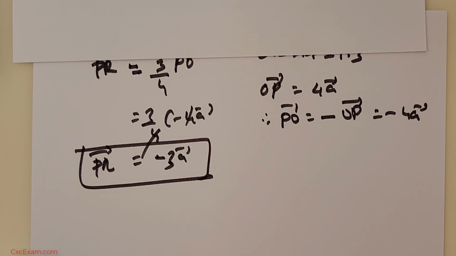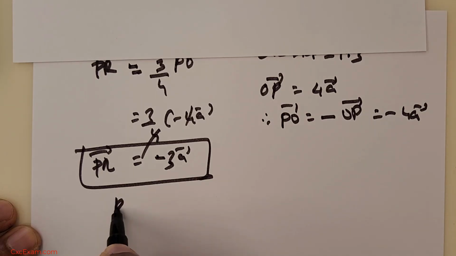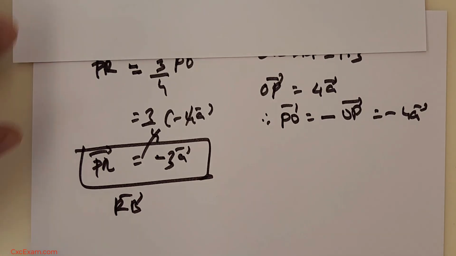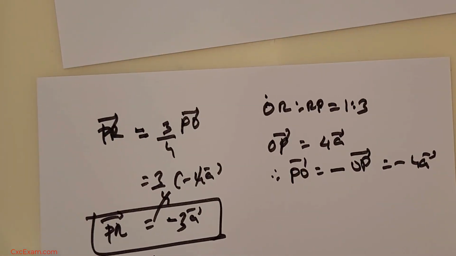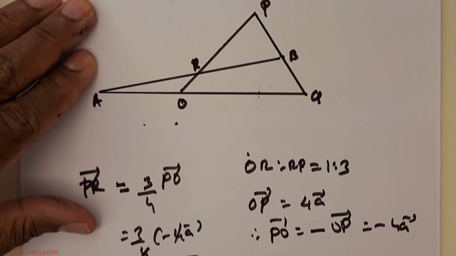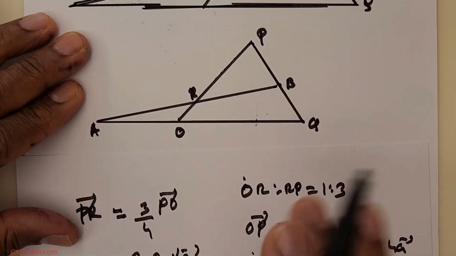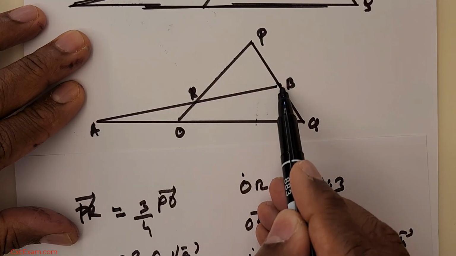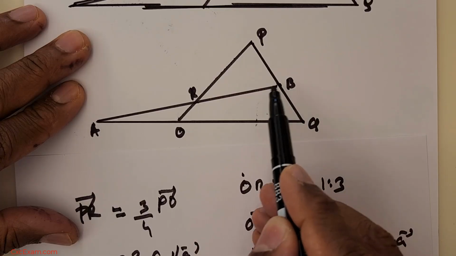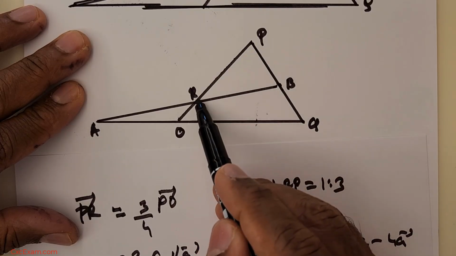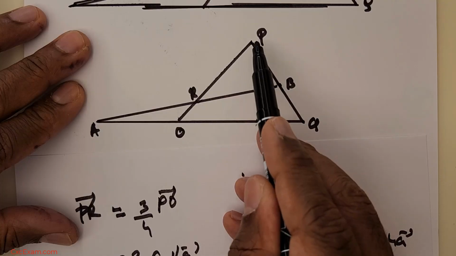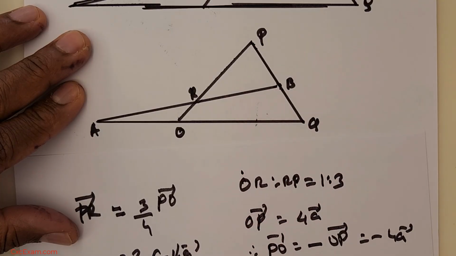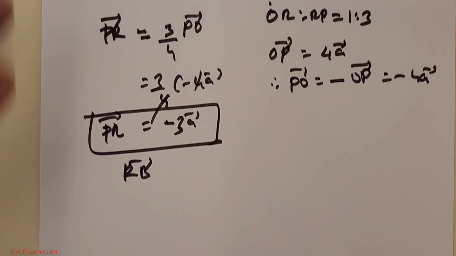So next is we will have to find RB vector. Now let me show the picture. RB vector. We need to get RB. Now from R I have to reach B. So what I have to do is I will go towards, from R I will go to P. From P I will go to B. Okay, so that's exactly what I'm going to do.